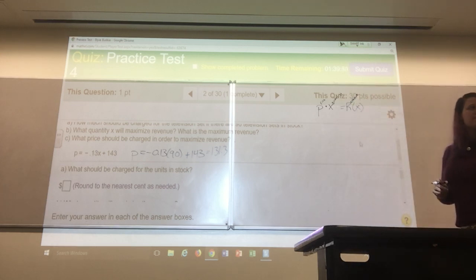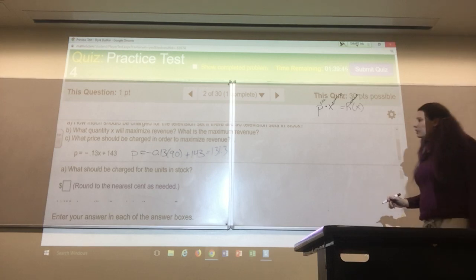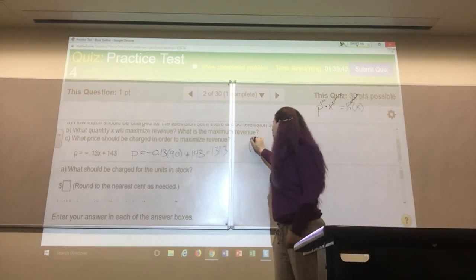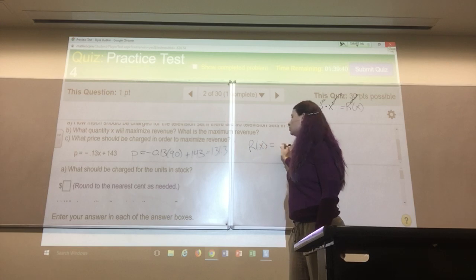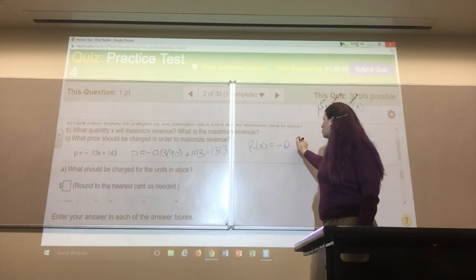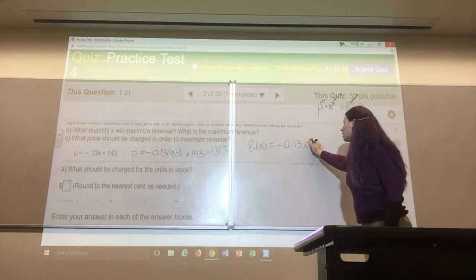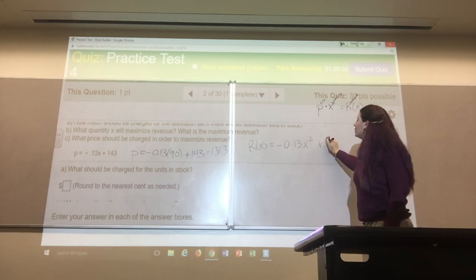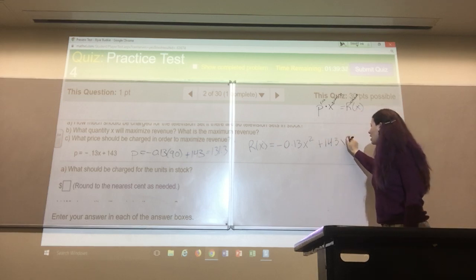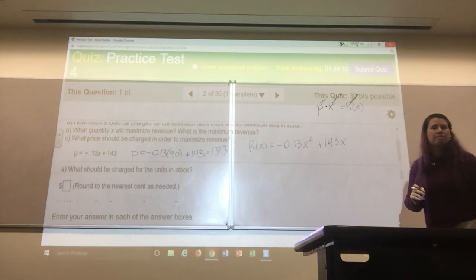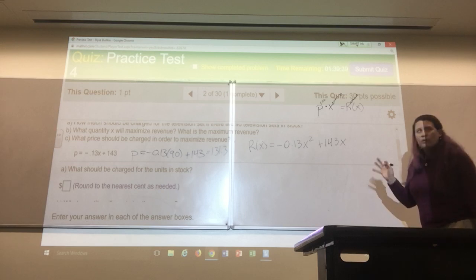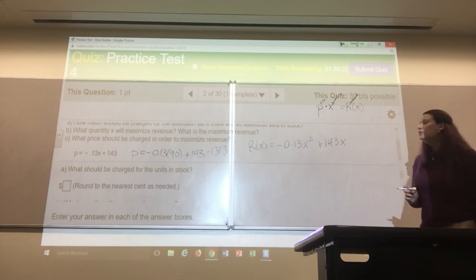So revenue is equal to negative 0.13 x squared plus 143x. Now we can find the vertex.